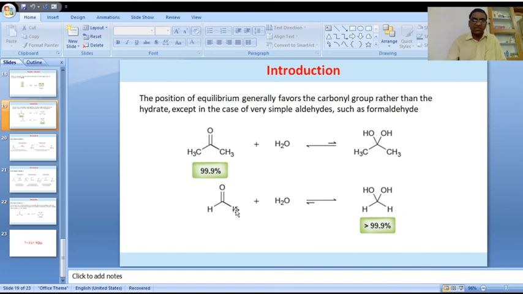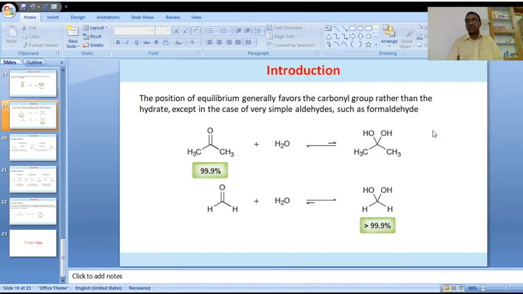Compared with formaldehyde, this hydrate is more stable, because it forms 99.9% hydrate. Is it clear, all of you? It is an exceptional case in formaldehyde only.